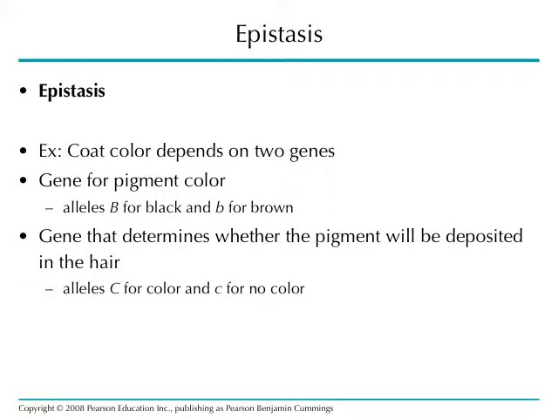The word epistasis means standing next to or standing on top of. And what this means is that you have at least 2 genes, and one of those genes dictates whether you see the other gene or not. So they don't physically interact.